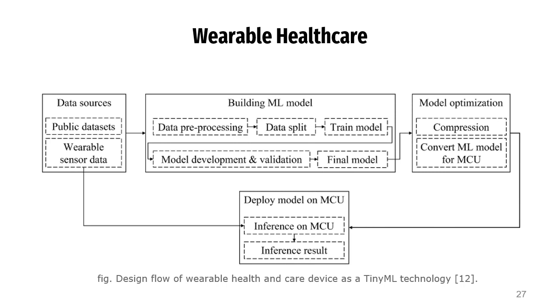Before deploying the model we have model optimization, like compression and converting the ML model for the MCU. Then we have deployment of the machine learning model onto the MCU, and inference on the MCU, and the inference result, which is the output of our model.